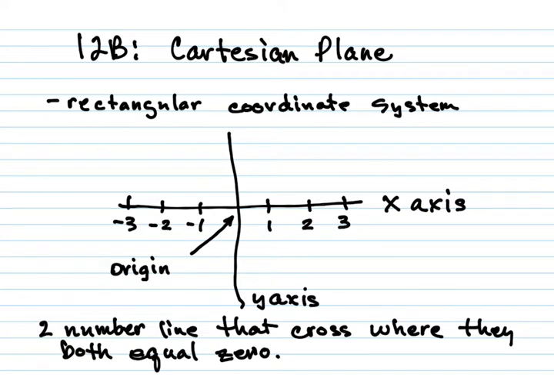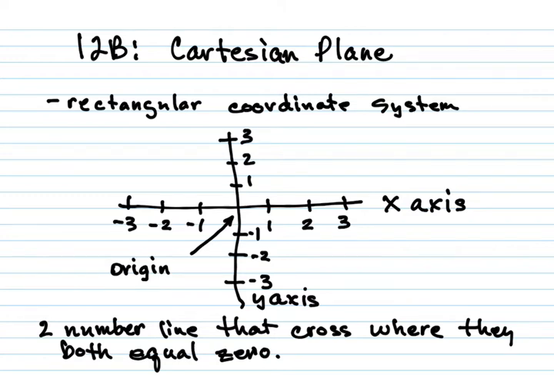Well, what we're doing now is we're going to overlay another number line on top of it. And as you're going up, the numbers are positive. As you go down, the numbers are negative. So we have two number lines connected where they both equal 0.